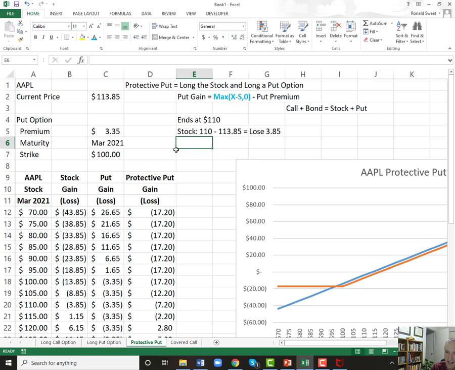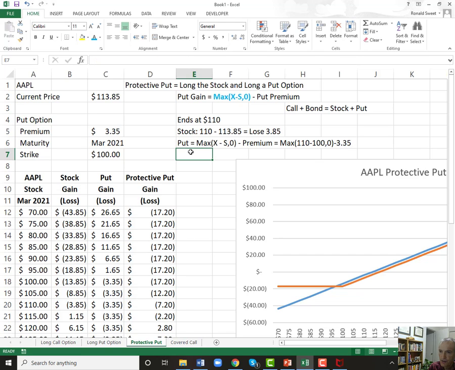Now if it's at 110, your strike price is 110, so the put is going to equal the max of your strike minus your stock price, comma 0, minus your premium. So that's the max of 110 minus 100, comma 0. So you make $10 on the option, but you have the option premium of 3.35.